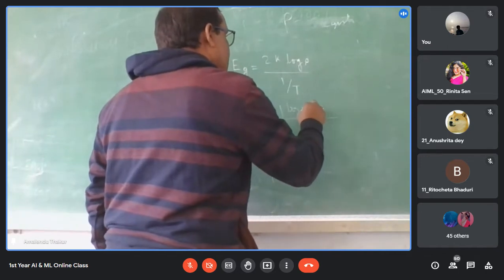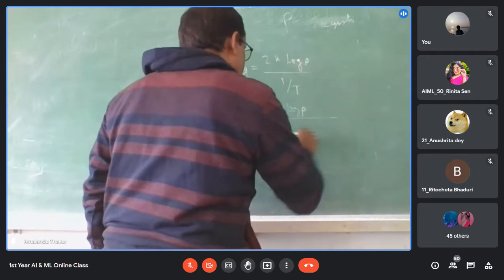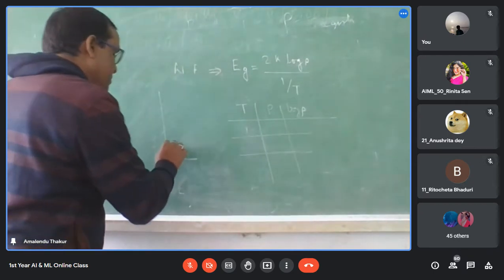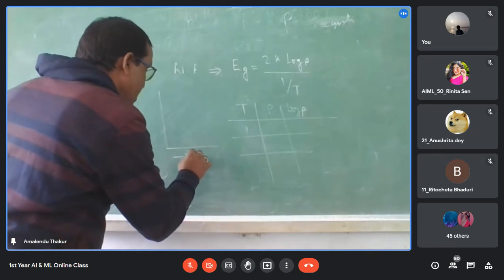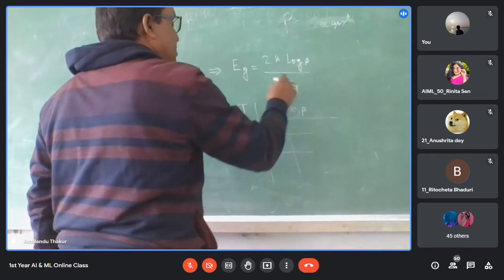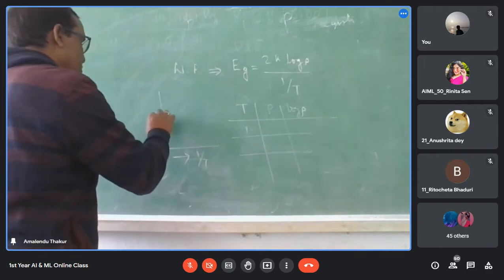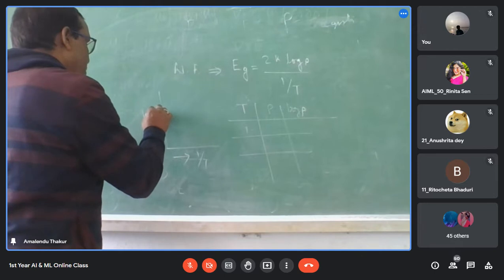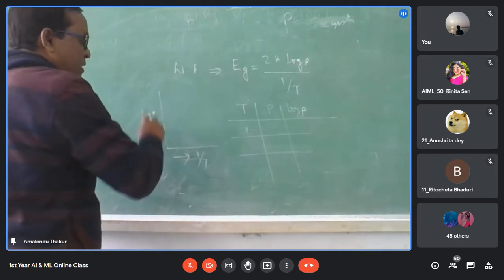Finally we have to draw the graph where along the x-axis we plot the inverse of temperature, 1 by t, and along the y-axis we plot the log of rho. Then we will get a curve.